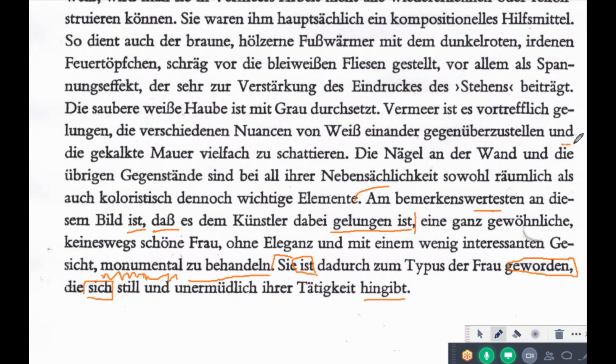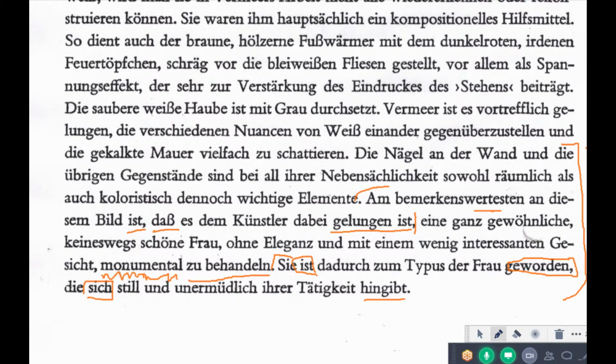You want to read this whole thing slowly from here down in English, so we can follow it? The nail on the wall and the other objects, in their nature of secondary importance, are, however, both spatially and from a perspective of color, important elements. Great.